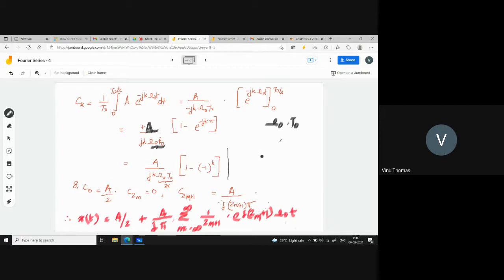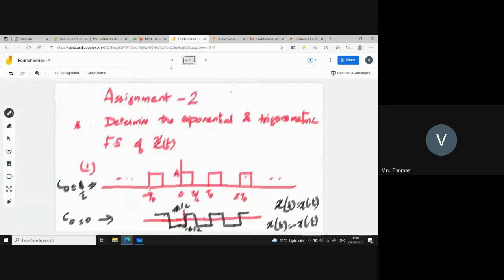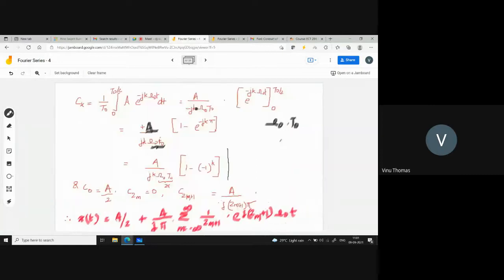So we will make some observations here. You see that C0 is equal to A by 2 for the first waveform, which you can directly evaluate. For k equal to 0 in this expression, there would be a division by 0.